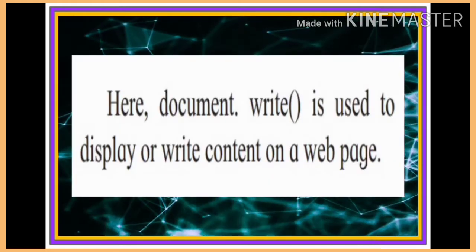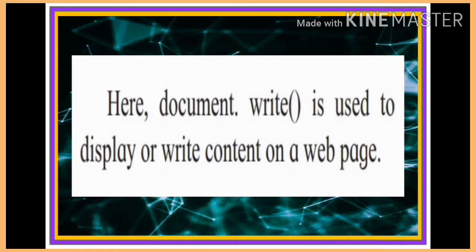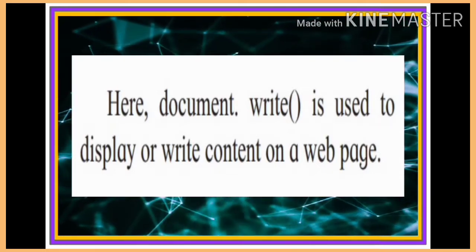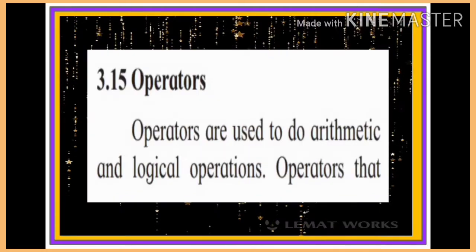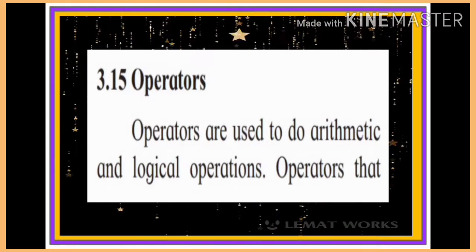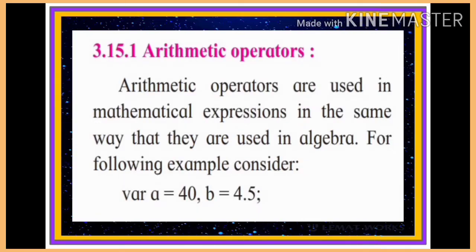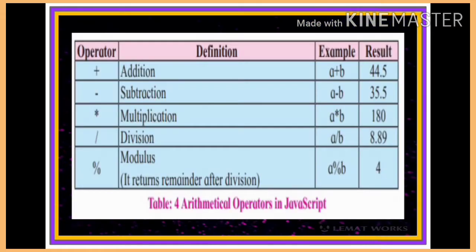Also, we have seen one method, write method of document object, which is used to display or write content on a web page. Also, we have discussed about the operators in JavaScript. Operators are used to do arithmetic and logical operations. We have seen arithmetic operators, that is addition, subtraction, multiplication, division and modulus operators.